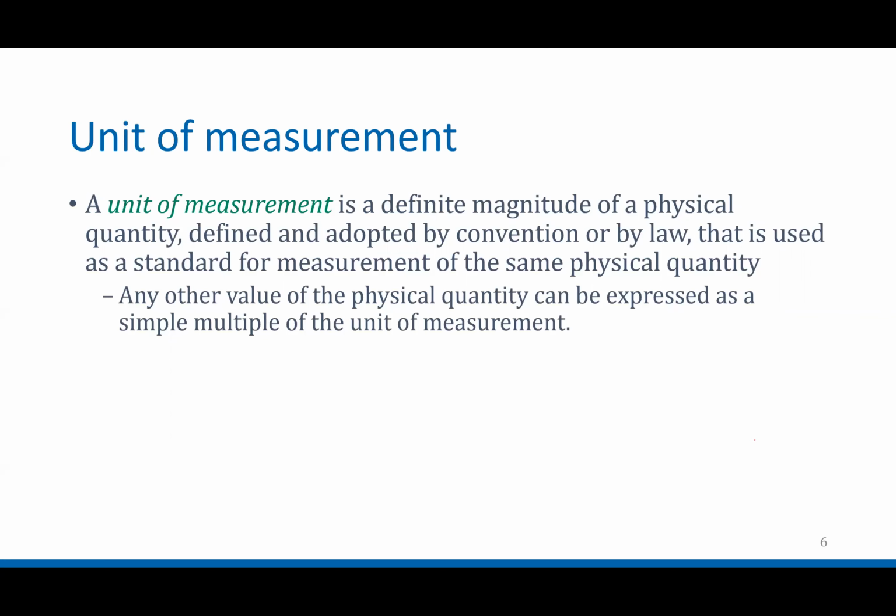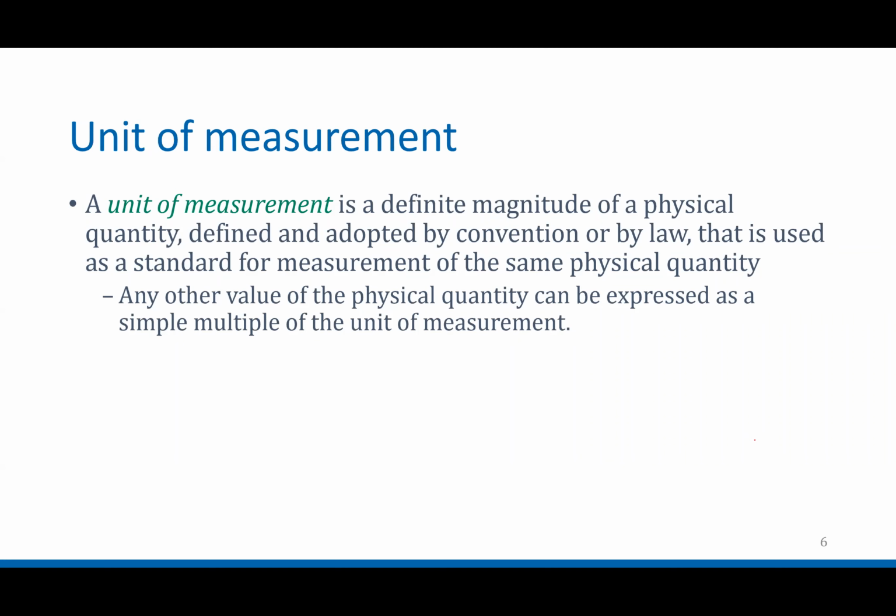In simple words, a unit of measurement is a definite number or quantity that doesn't change. And it's been adopted or used by convention, meaning the world, and it's used as a standard all over. So if I measured a kilometer in France, it would be the exact same as a kilometer in South America.